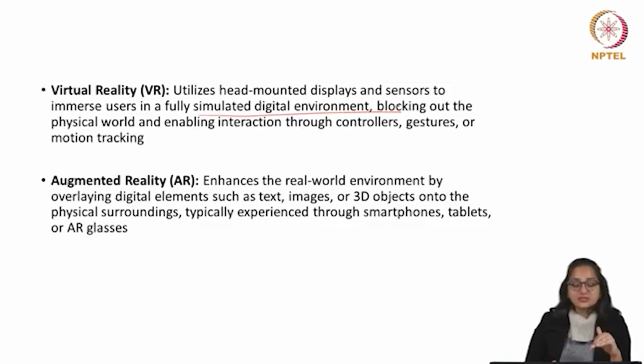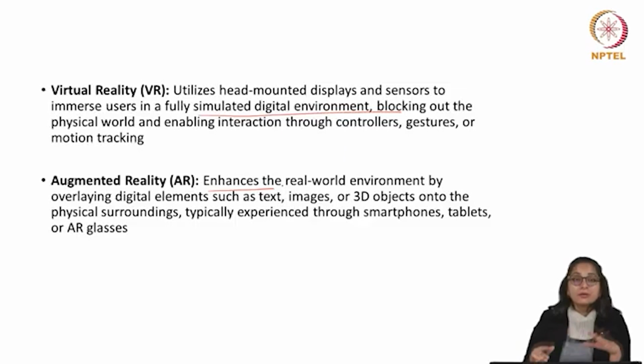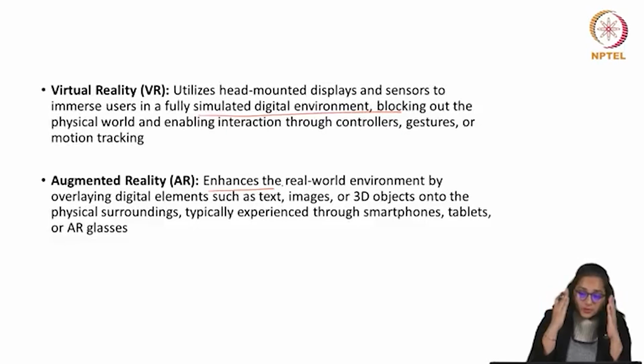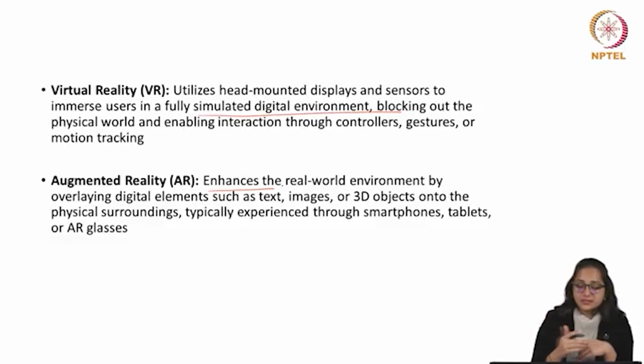While in augmented reality, the technology is just enhancing the real world environment by overlaying digital elements such as text, images, which you may be able to experience through smart AR glasses or through your phone, tablet, etc.